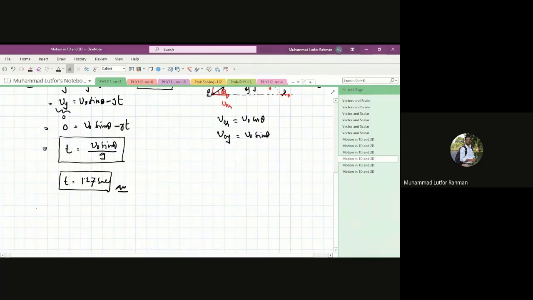One, first I can write y equals y naught plus v naught y t plus half a y t square, right? This is one equation because I know the time it takes to reach that maximum height.